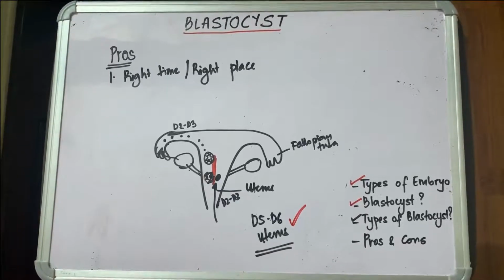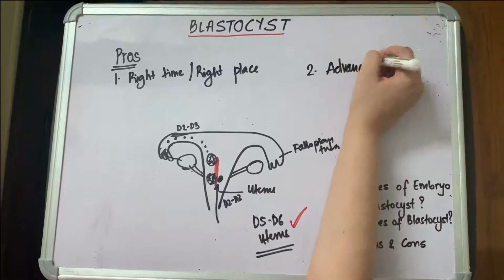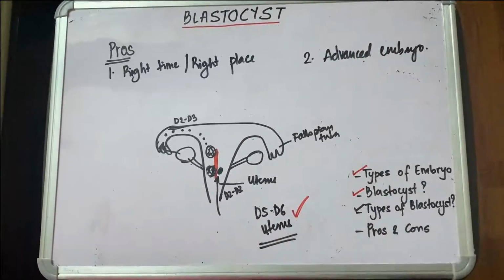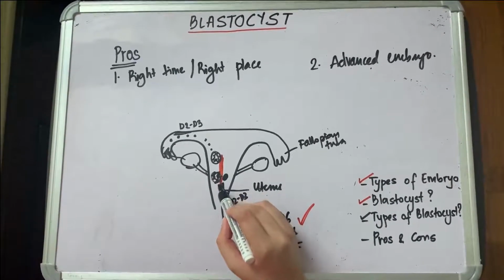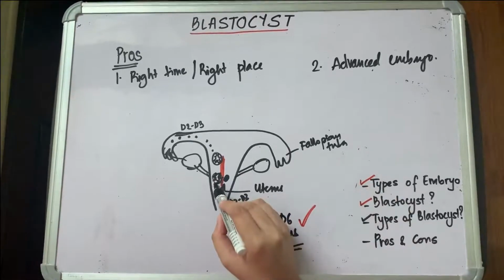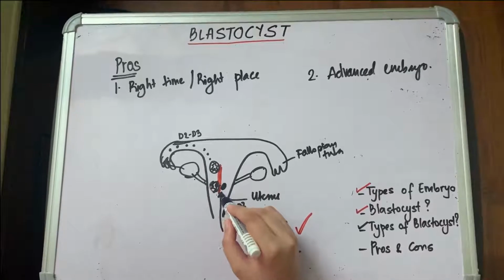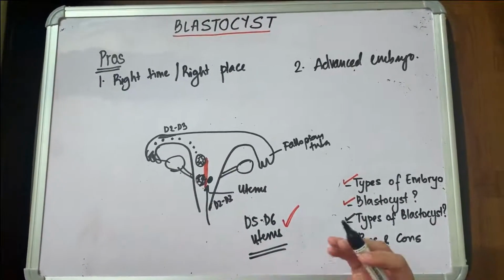And the second advantage is that it's an advanced stage of embryo development. This is the most advanced stage till where we can keep the embryo in the lab. It helps us get more information: after transferring a blast, if the cycle is negative, we know that the embryos were reaching the blastocyst stage, so we can look at something else.